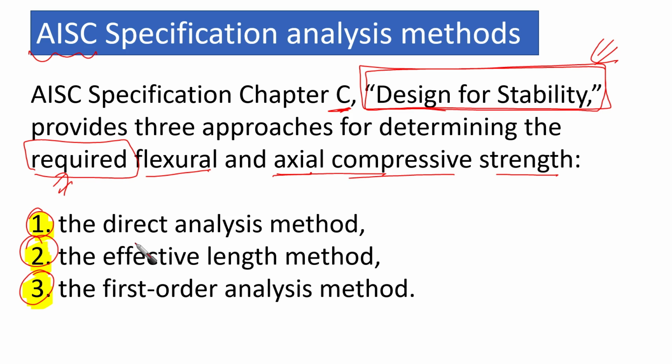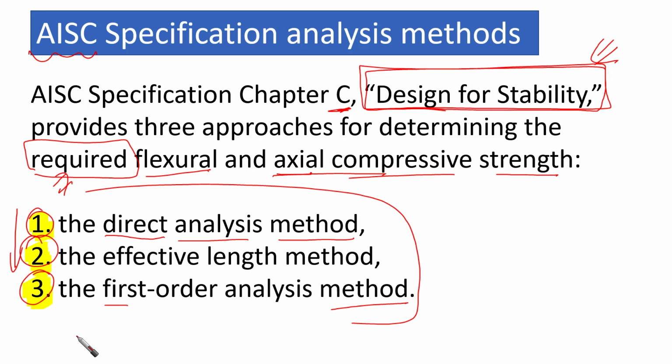The first one is the direct analysis method, the second is the effective length method, and the third is the first order analysis method. So we have three different methods here.